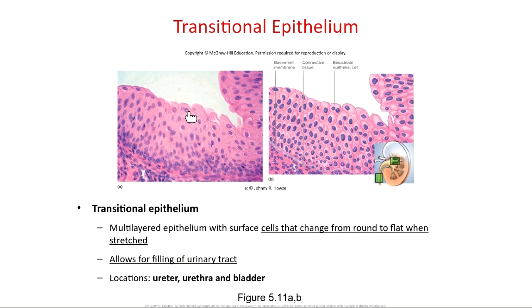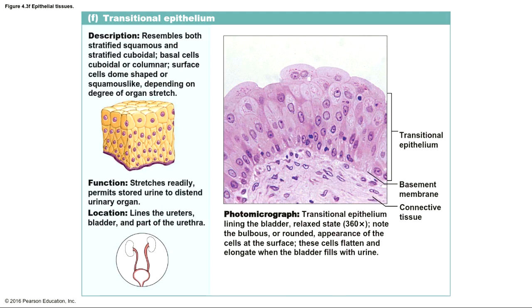Something cuboidal is going to have a very large round nucleus. Something columnar is going to have a more oval shaped nucleus. You can see that the nuclei here are of all different shapes, and that tells you this is a transitional tissue because you have different cell types there.